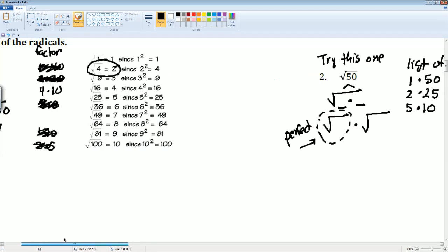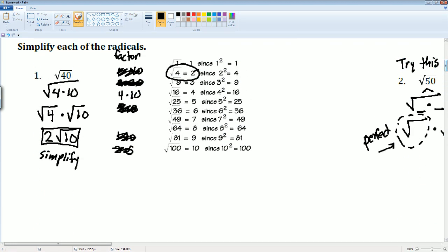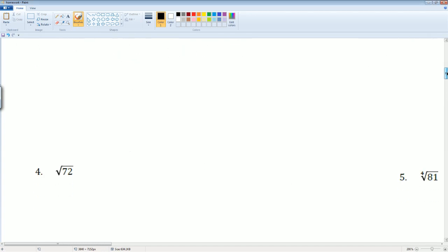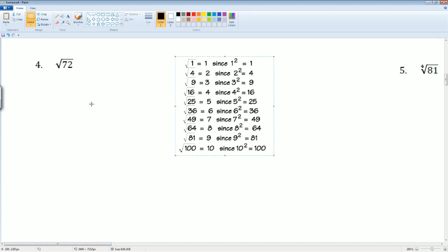And I think I have 4 down here. Yep, this is a square root. Ooh, that's very interesting. Let me get my list of perfect squares here. All right. Okay. 72. This is very interesting.